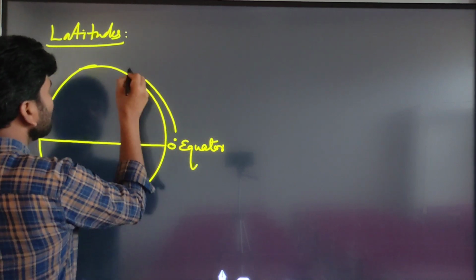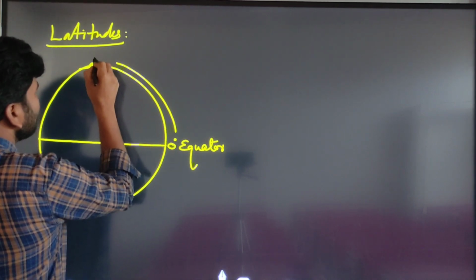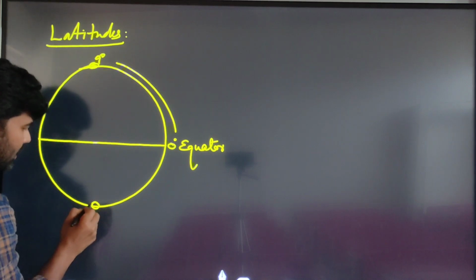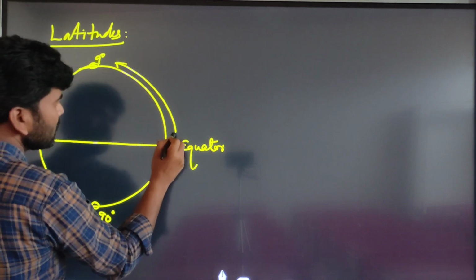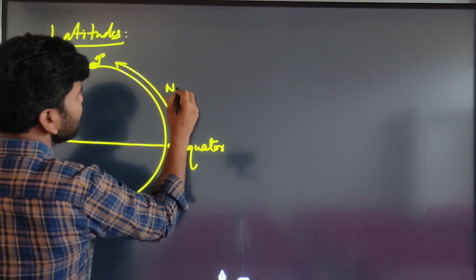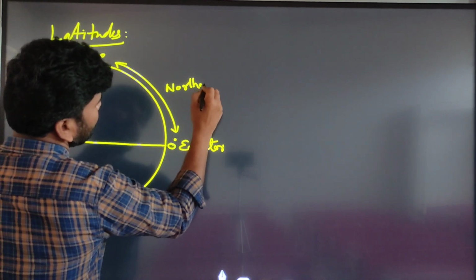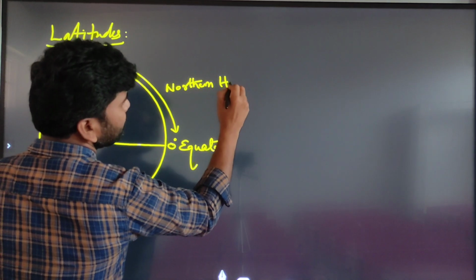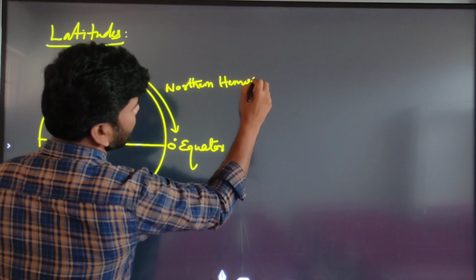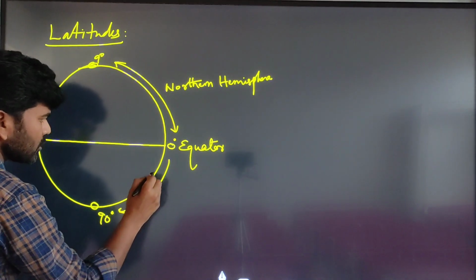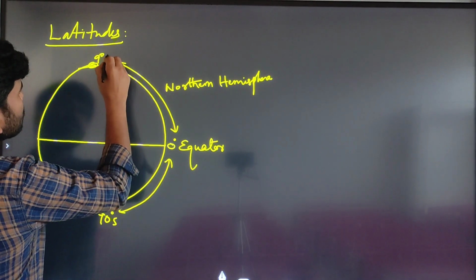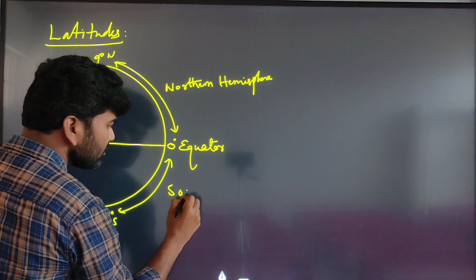From here to here is 90 degrees, and here also 90 degrees. This part is called the northern hemisphere, and this area, 0 to 90 south, is called the southern hemisphere.